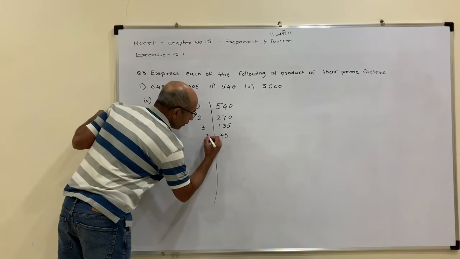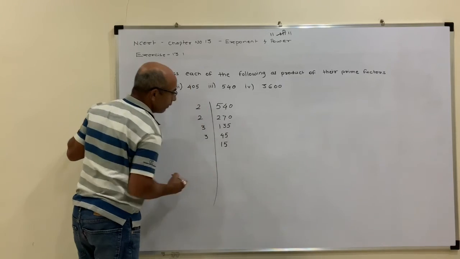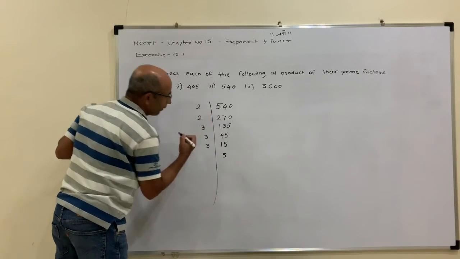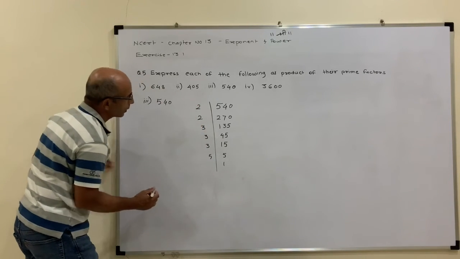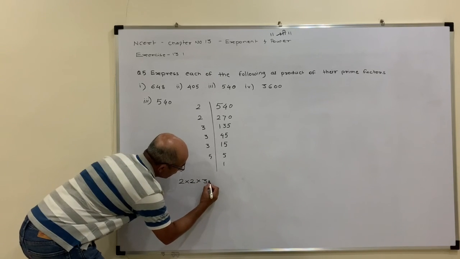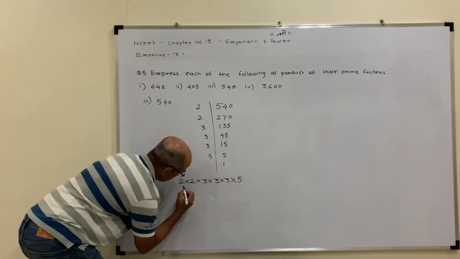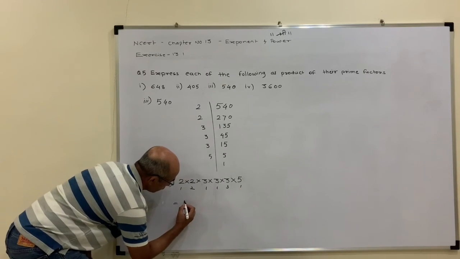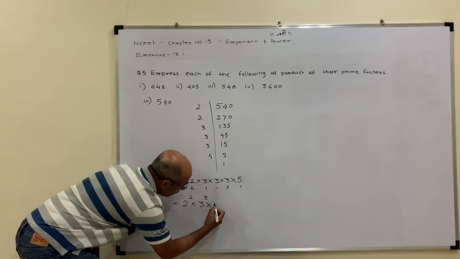Then 3 1s are 3, 3 5s are 15. Then 3 5s are 15. And then 5 1s are 5. So my prime factorization comes out to be 2 into 2, then 3 into 3 into 3 into 5. So 1, 2, 1, 2, 3 and 1. So 2 raised to 2 into 3 raised to 3 into 5.